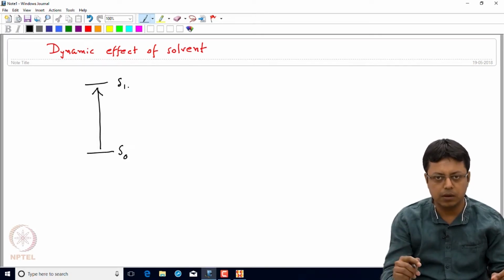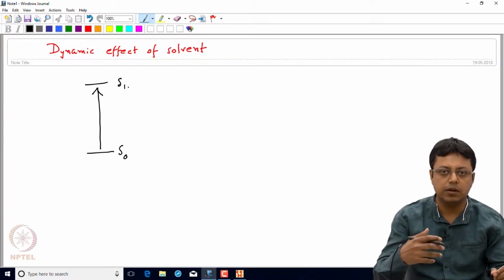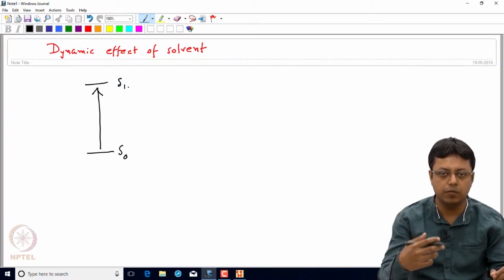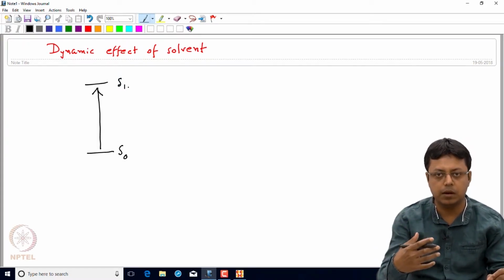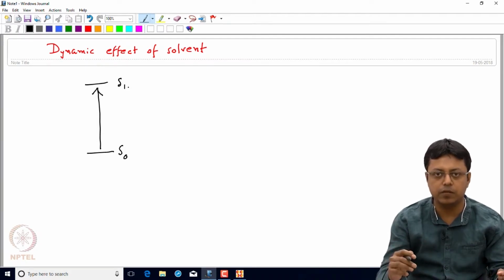Since it's an electronic excitation, the electron cloud is now moved from one molecular orbital to another, so the electronic configuration changes. Out of that, one is your singlet configuration in the excited state, which is the allowed transition.